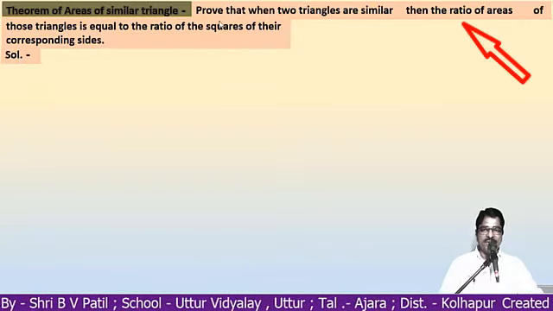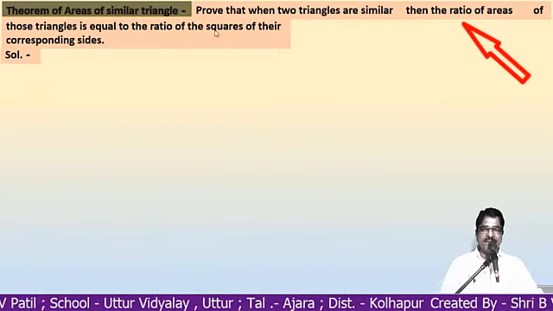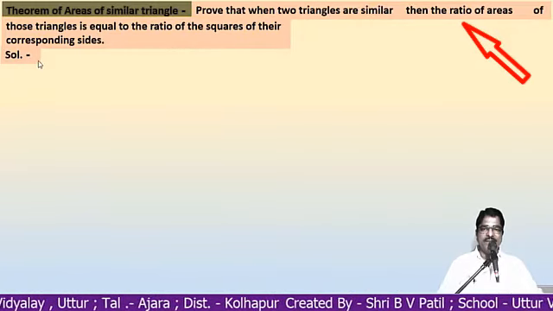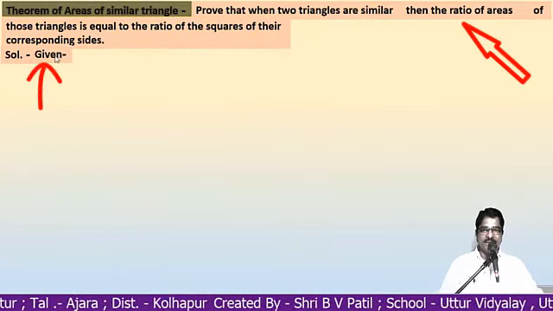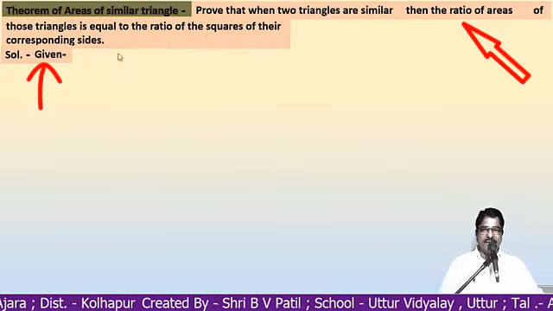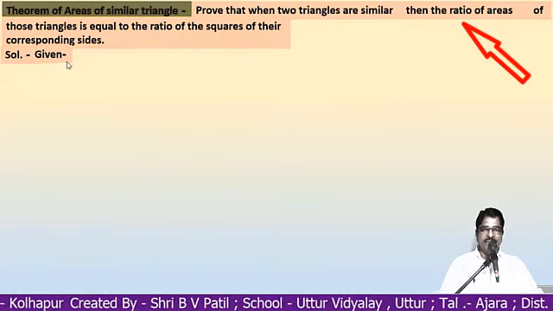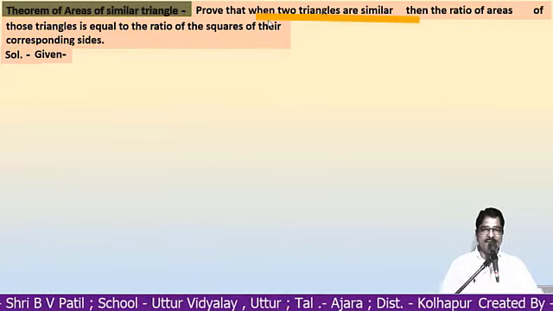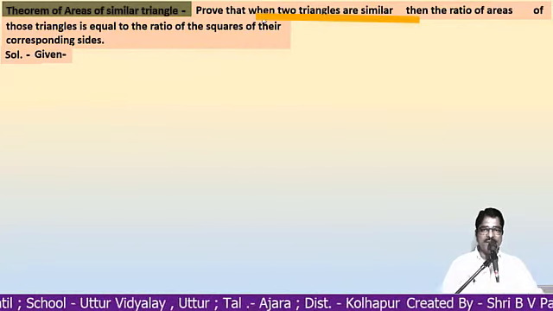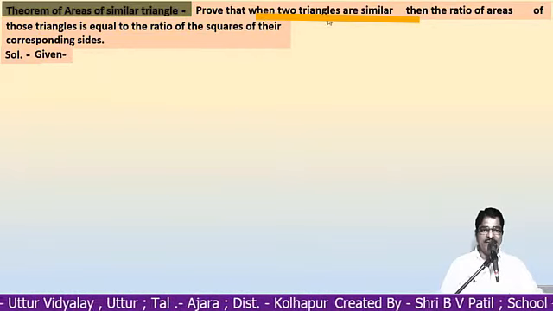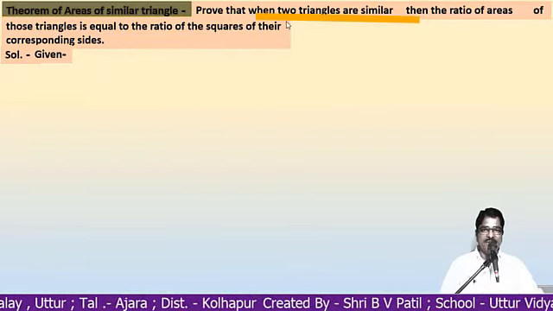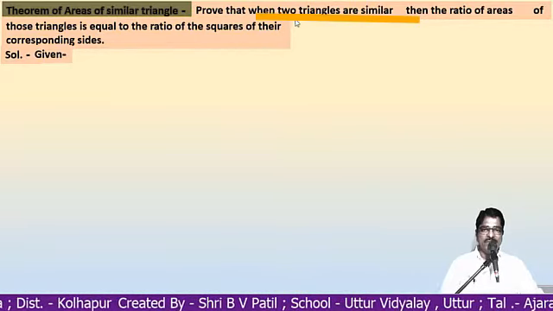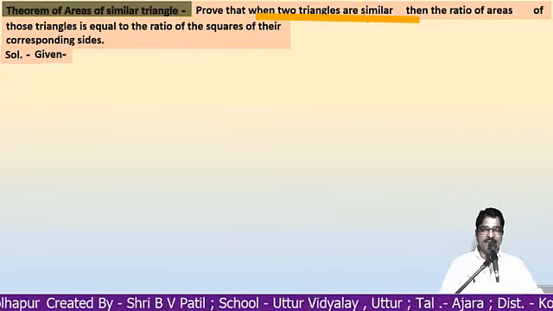In the solution, that sentence we write in 4 parts. Tell the first part. The first part is given, and in given, the part present in that sentence from when to then, means the sentence from when to then is two triangles are similar.